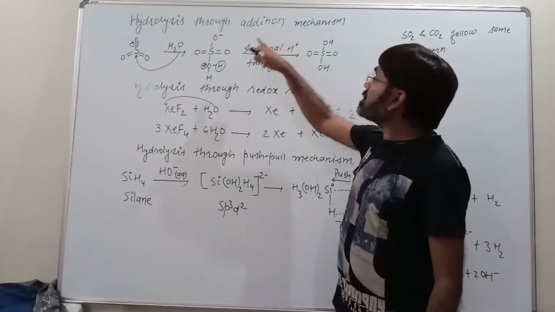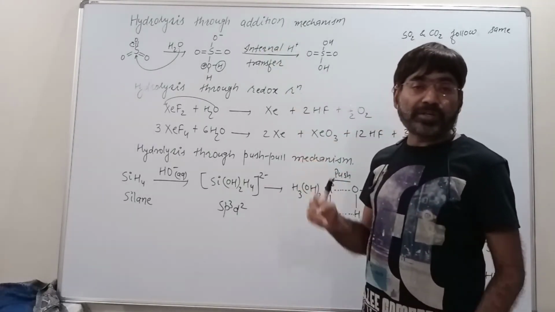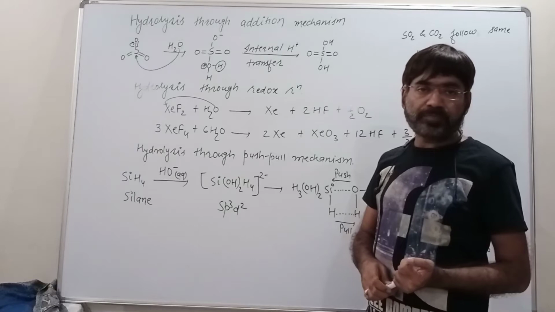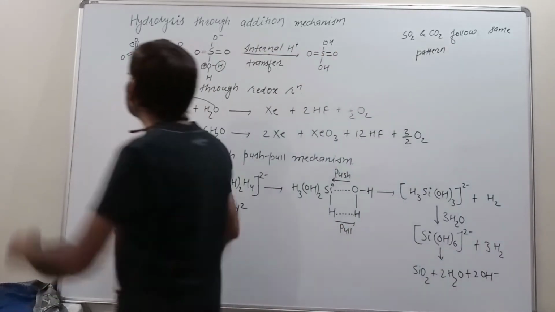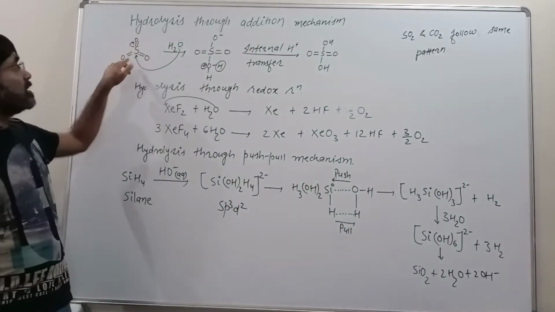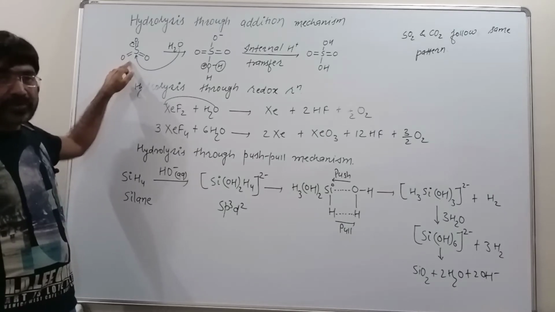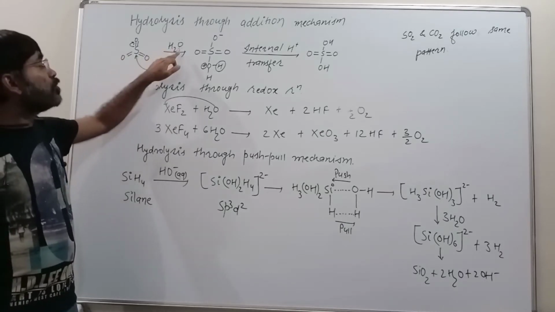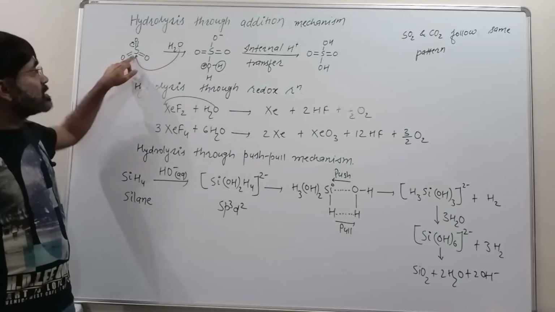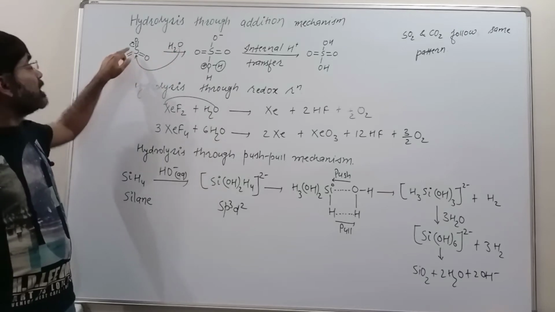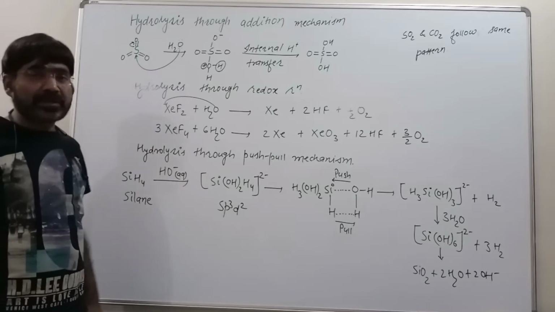For addition, what is the basic requirement? The molecule should contain a pi bond. In SO3, sulfur is electron deficient because of the 3 oxygen atoms connected to it via double bonds. Water, in the form of a nucleophile, attacks this electron-deficient sulfur, and here it causes an electromeric shift.